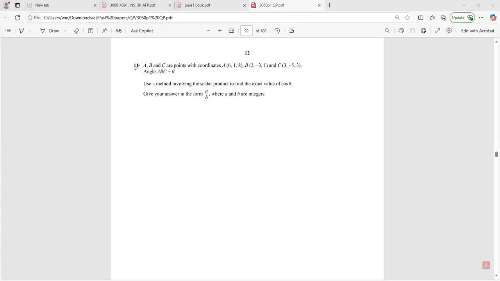Okay, question number 11, vectors. Here we have A, B, C are points with coordinates given. Angle ABC is equal to theta.